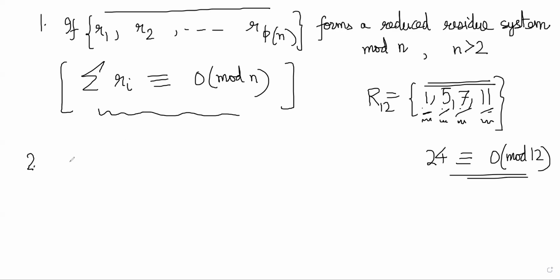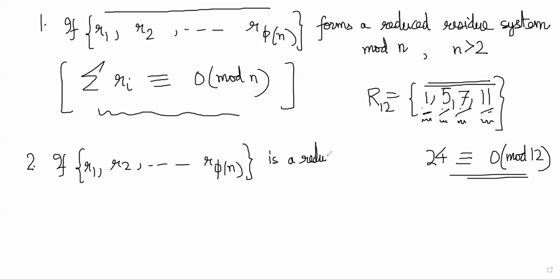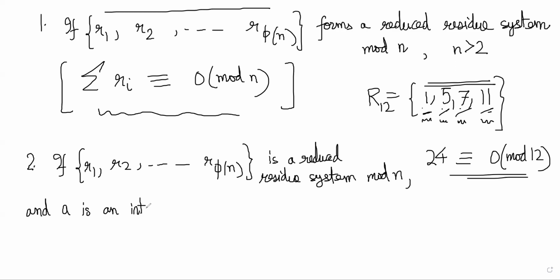The next property is if R1, R2, R phi of n is a reduced residue system mod n, and a is an integer such that GCD of a and n is 1.